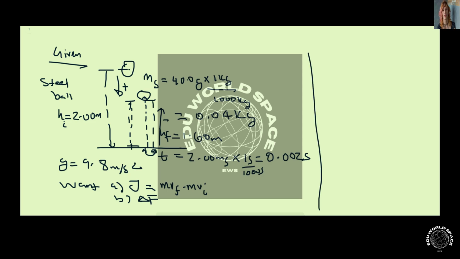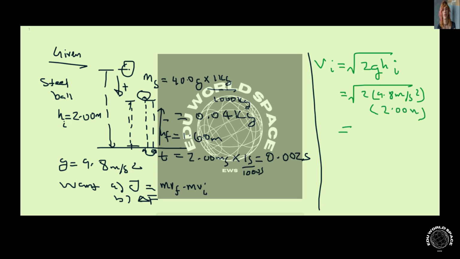So the first thing we'll do is compute the initial and final velocity. The initial velocity is just the square root of 2gh initial, which is the radical of 2 times 9.8 meters per second squared times 2.00 meters, and this becomes 6.3 meters per second.